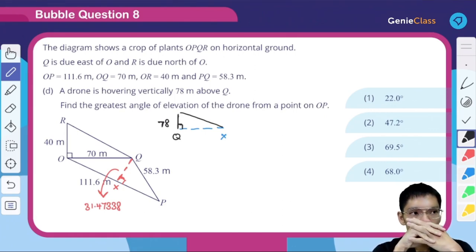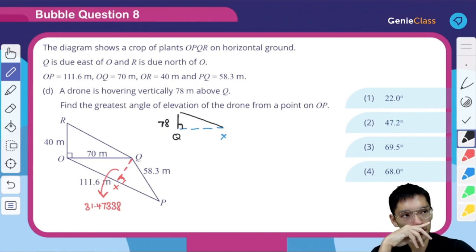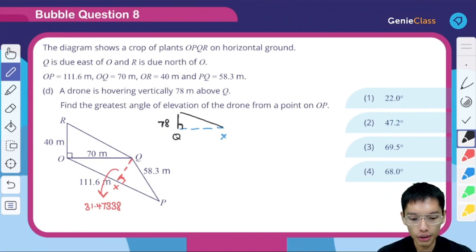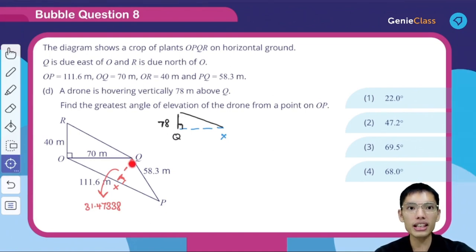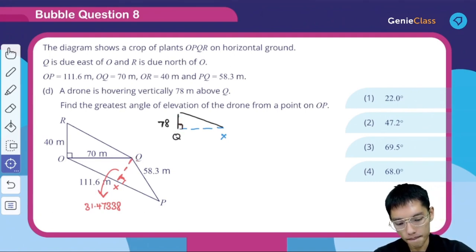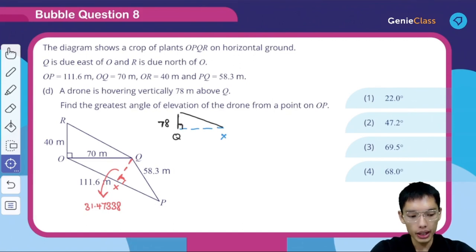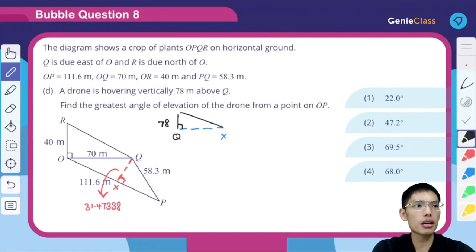Some of you are lost, but this one I think I have to go through. Now take note, hovering vertically above. That means if I'm able to protrude a point diagonally up, it goes through from here. If it goes up, it is hovering above Q, and henceforth, can anybody tell me what is the distance QX?